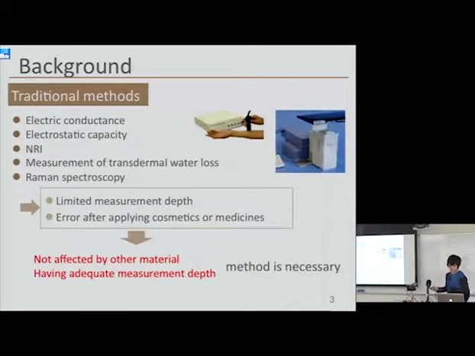For example, the measurement depth of some of them is limited, or we cannot measure the precise water content in the cornified layer after applying cosmetics or medicines, because of the ingredients of cosmetics or medicines. So a method not affected by other materials and with adequate measurement depth is necessary.